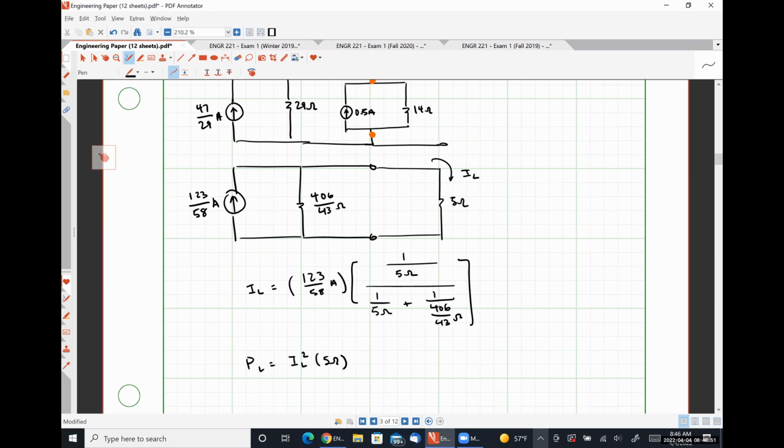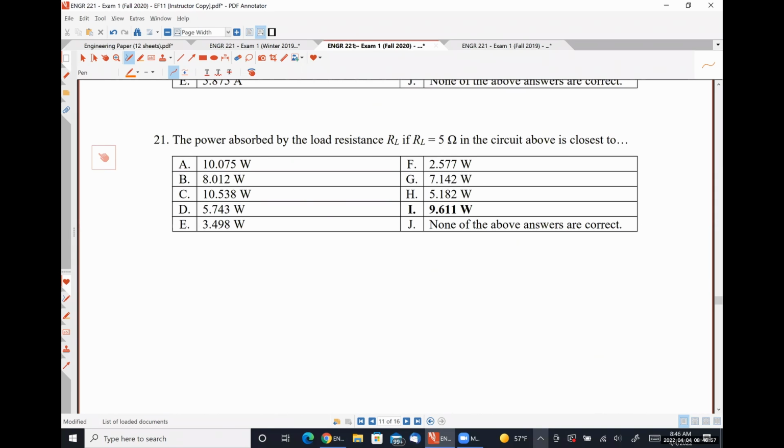But it said power, because maximum power, let's look at it real quick. The power absorbed by the load resistance RL, if RL is 5 ohms. Well, 5 ohms isn't when maximum power transfer is going to occur, because that isn't the value of the resistance in parallel with the ideal current source, or the resistance of the practical current source, I guess would be a better way to put it.